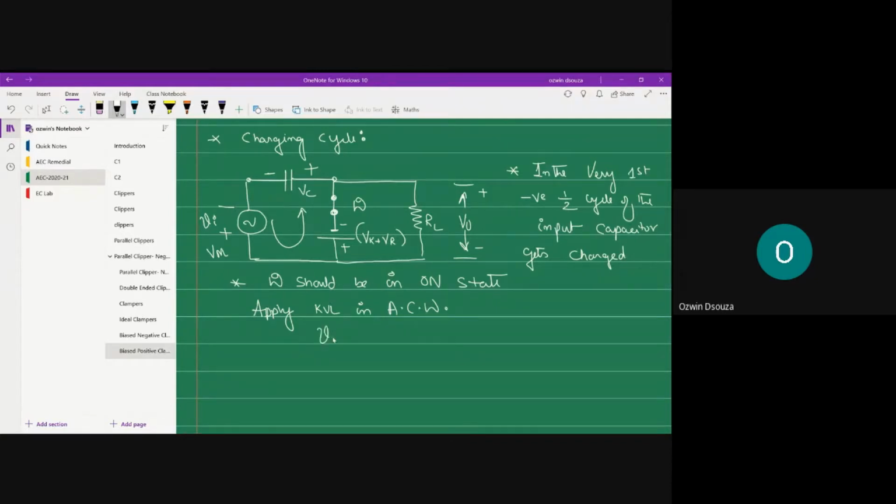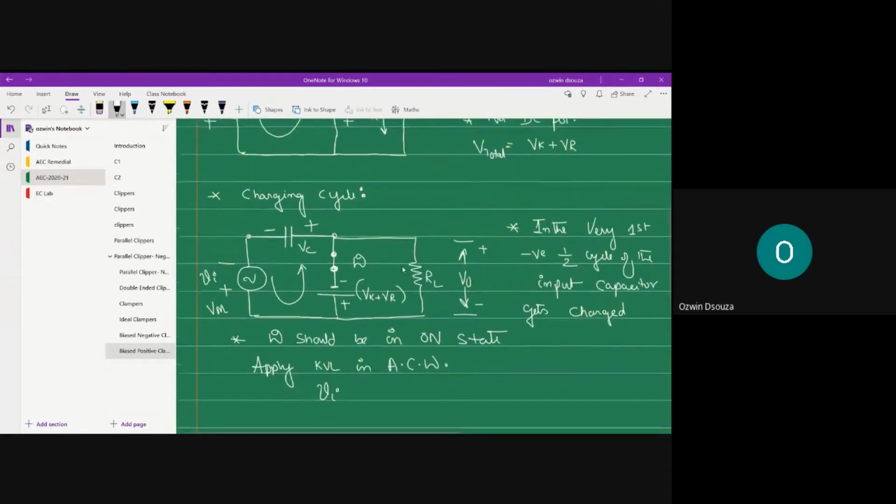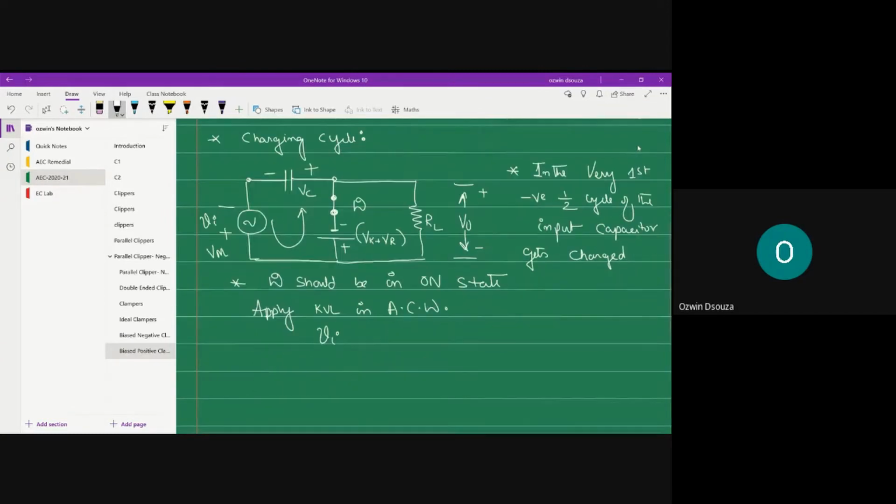Minus to plus Vi, then plus to minus Vk plus Vr. Instead of writing two terms, we can take Vk plus Vr as Vt, the total threshold voltage. So that's minus Vt, and minus Vc is equal to 0.